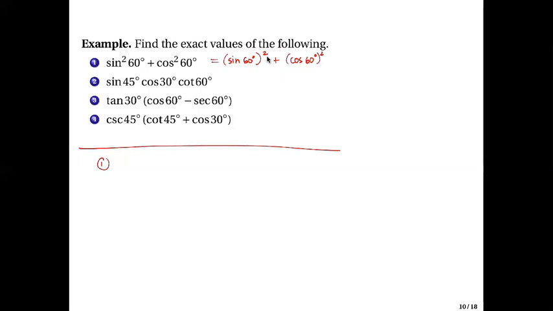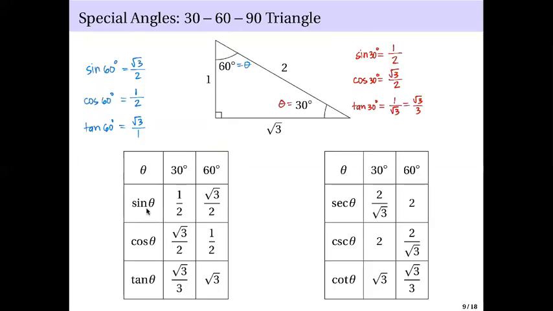One way to solve this is to get the actual values of sine 60 degrees and cosine 60 degrees. Sine 60 degrees is square root of 3 over 2.